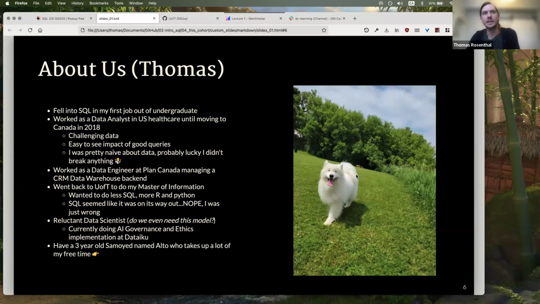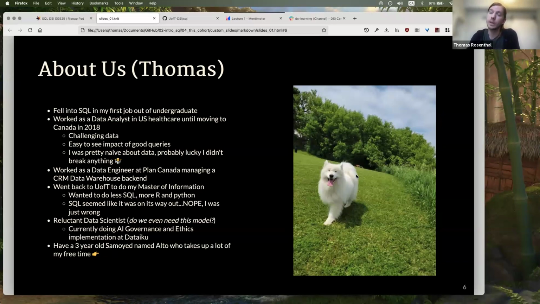In Canada, I worked as a data engineer at Plan Canada, the charity. I managed their CRM data warehouse backend. That was a very SQL heavy role, and I was the only data engineer, Plan being a pretty small organization. After that, I went back to U of T to do my Master of Information. I was thinking at the time that I wanted to do less SQL work and more R and Python work.